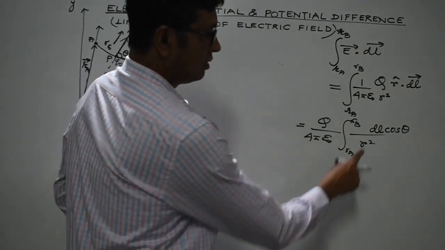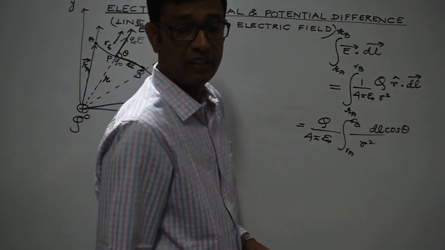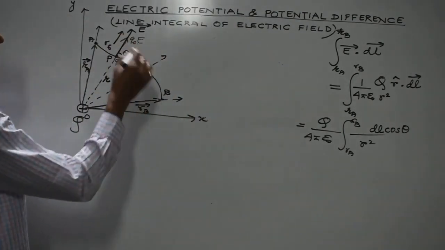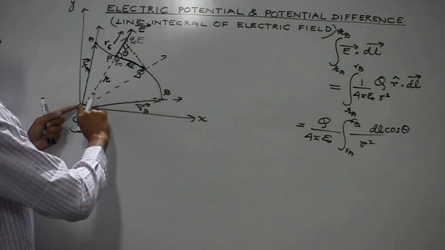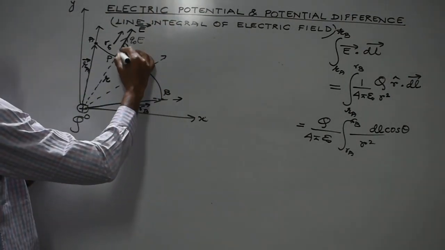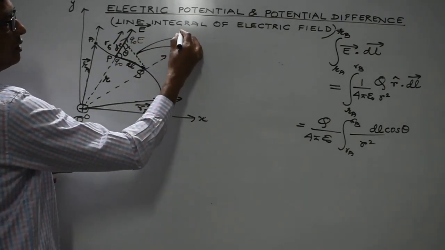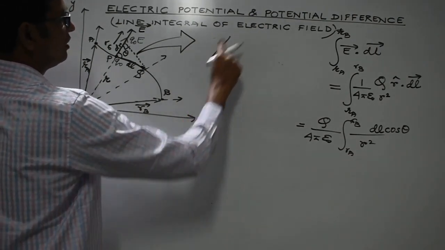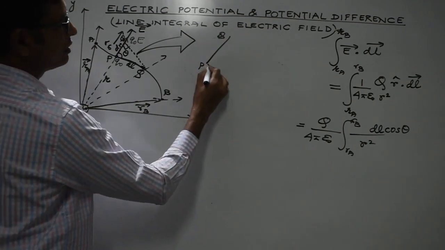We'll be left with this. Now further, we need to integrate it, but it should be with respect to R. So dl cos theta is to be replaced by dr. How is it possible? Look, we can drop a perpendicular from here. This is in the increasing direction of R, so this small distance may be considered to be dr. Considering this diagram, I'll draw it again for your benefit. This is the increasing direction of R, this point is suppose Q, and this is the arbitrary path.